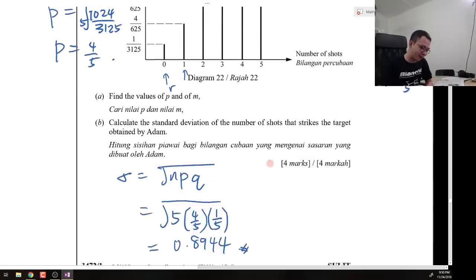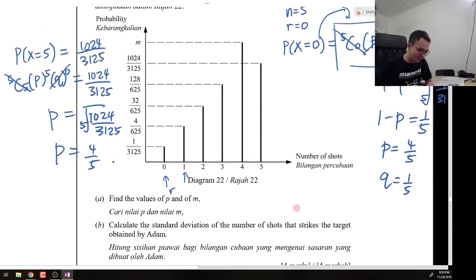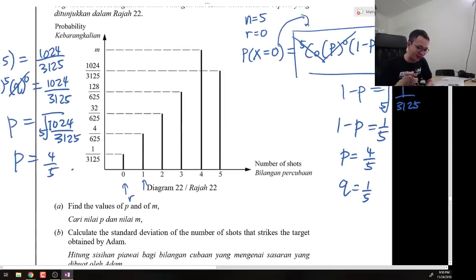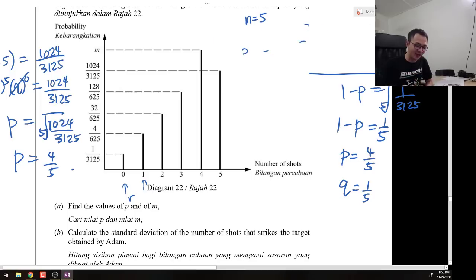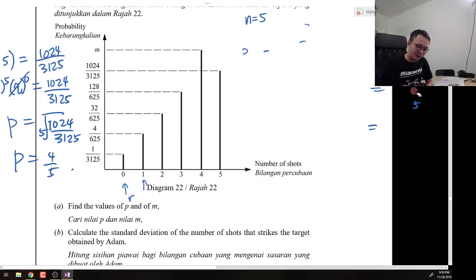How about M? You still need to find M? Since you have P and Q already, you just plug in to find your M value. I will try to help you with M here. M is when R equals 4, so X equals 4.